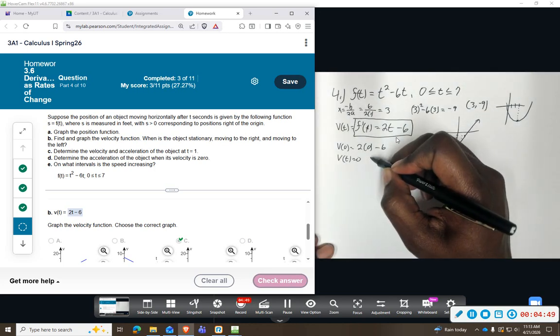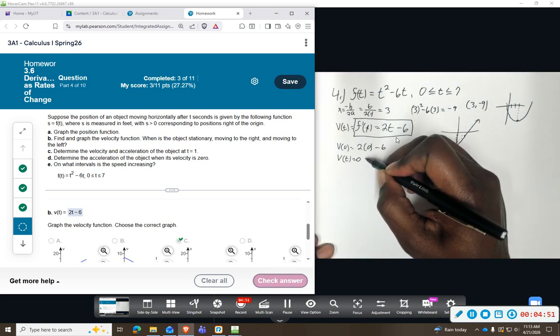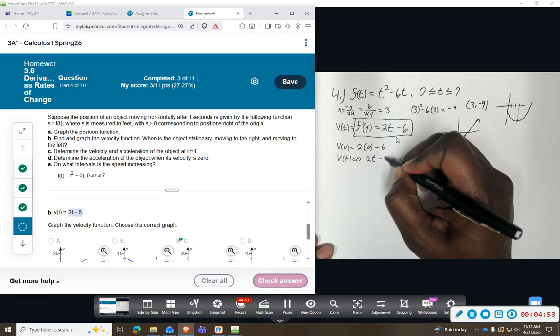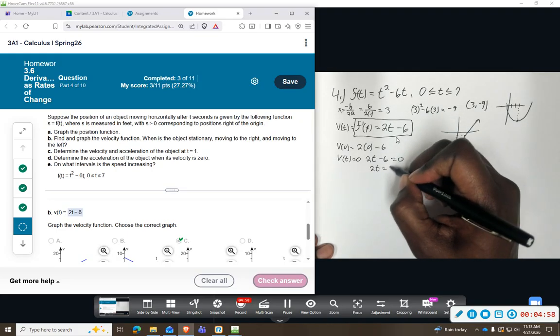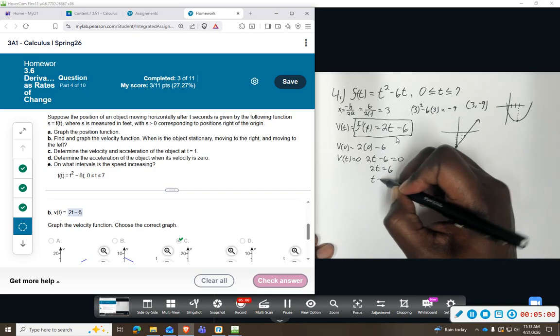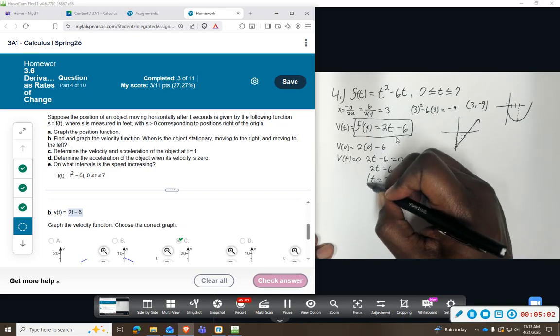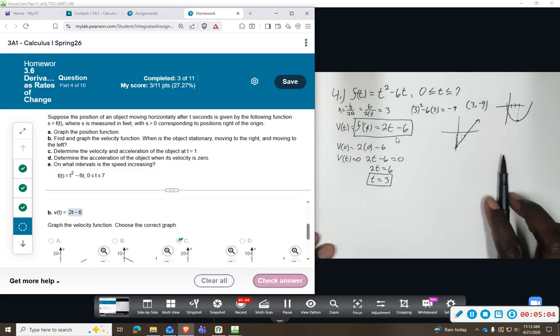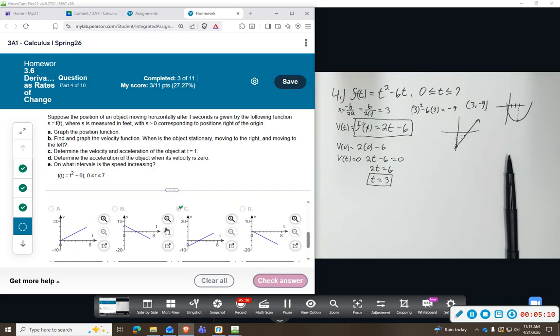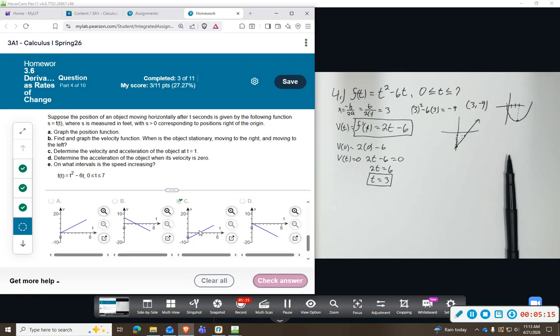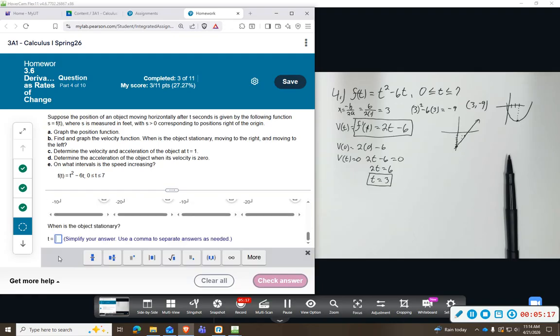So 2t minus 6 equals 0. Add 6, 2t equals 6, divide by 2. Velocity is 0 when t is equal to 3. That should also correspond to the x-intercept of the velocity graph, where it crosses the x-axis at t equals 3.